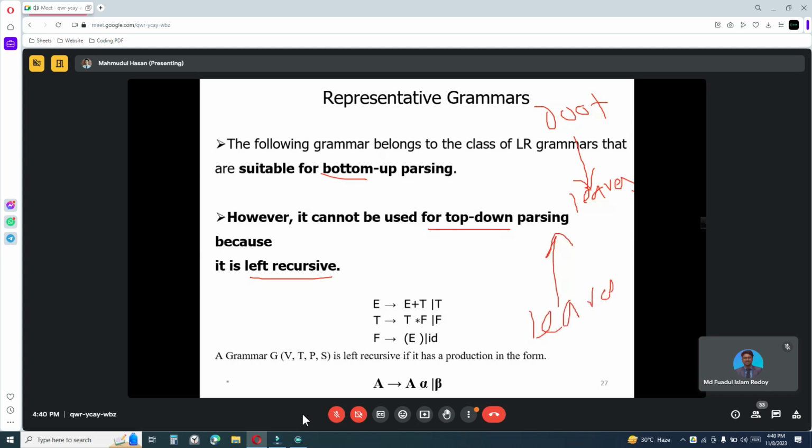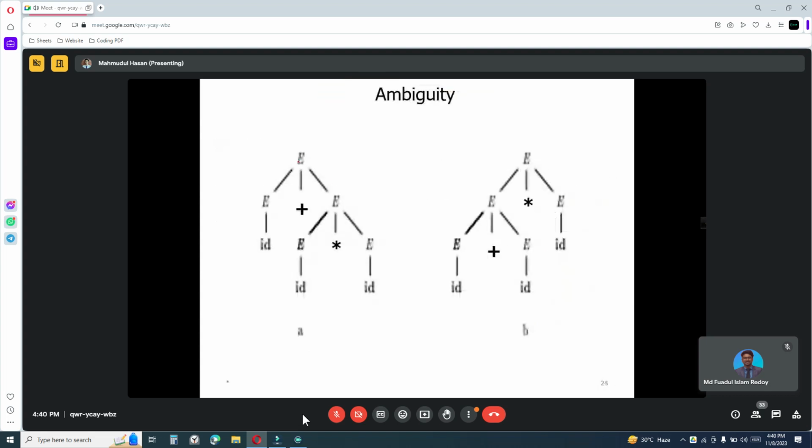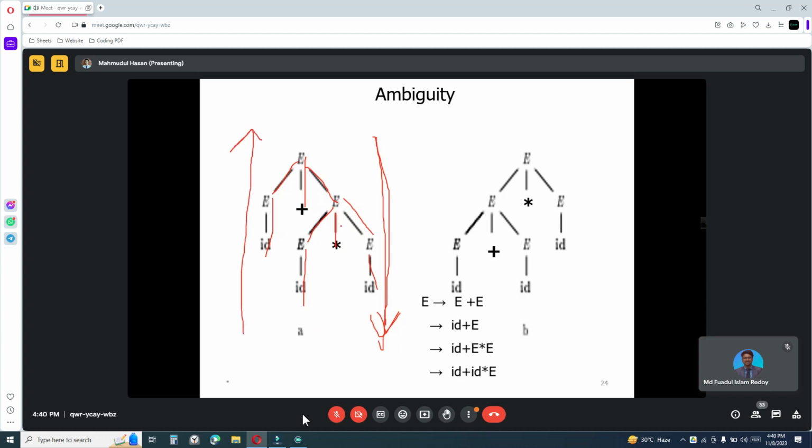If you consider this one, this is top down, from here to here, then like that. So it is from root to leaves, that is a top down parser. Bottom up means leaves to root, that is a bottom up parser. Okay, got it?